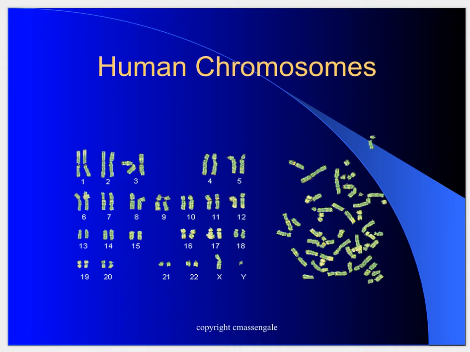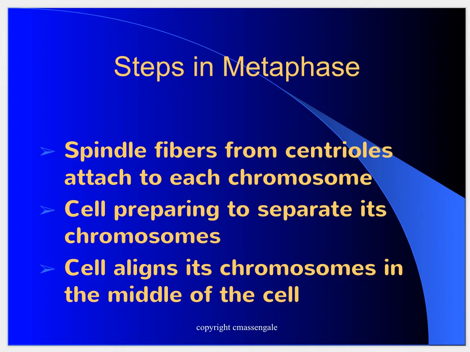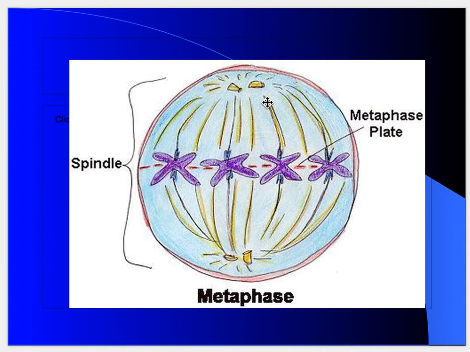Okay. So we went through prophase, and now we're going to look at metaphase. And during metaphase, these spindle fibers are going to start to come down from these centrioles, and they're going to attach to the chromosomes.